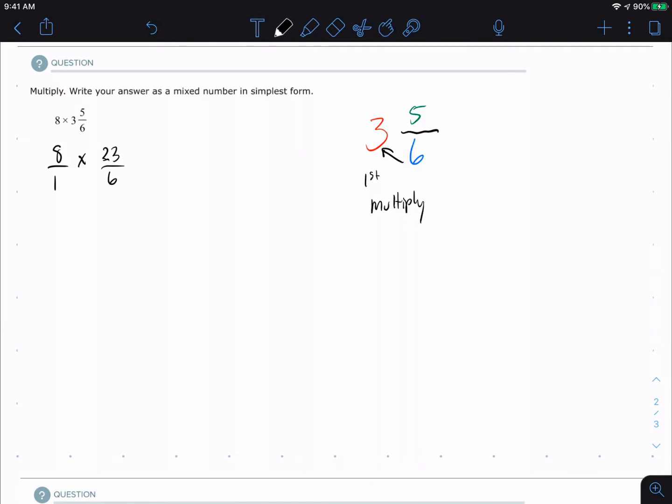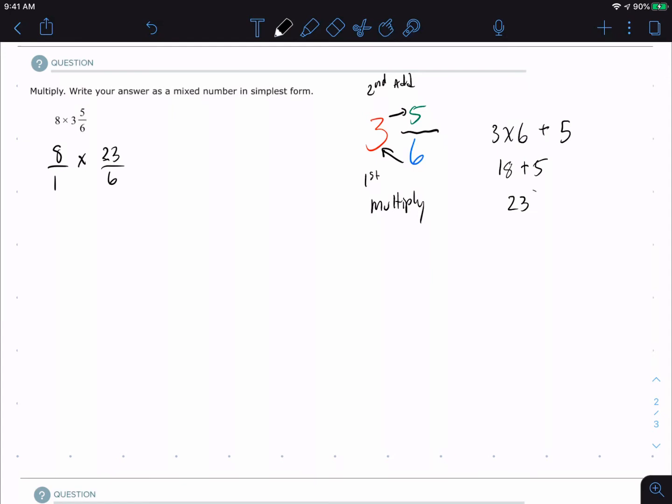And what I do here is I have to multiply. So 3 times 6 is what? 18. That's 18. And then what I do here is second, I just add. So we said 3 times 6, and then we're going to go plus the 5. And we said 3 times 6 is 18 plus 5.